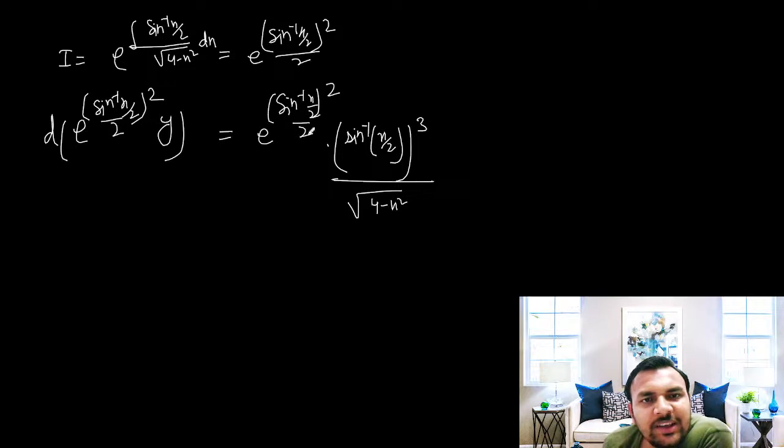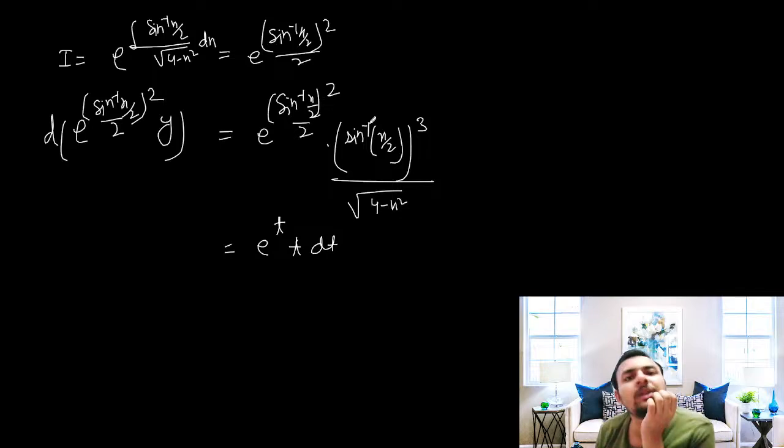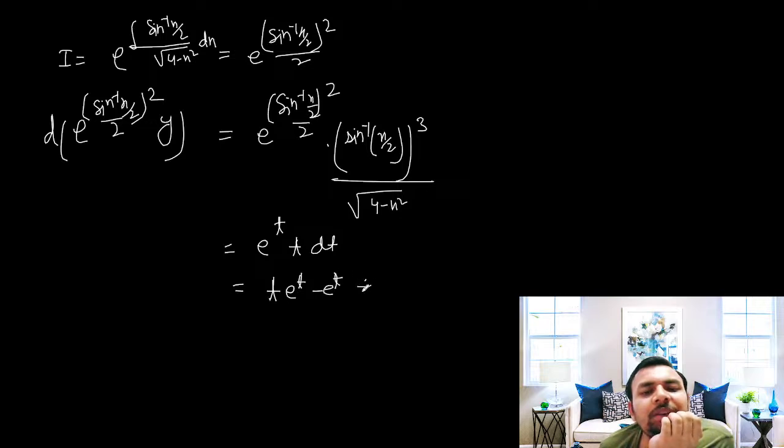So if we put it t, e to the power t, this is t, sin inverse x upon this is what, dt. 2 sin inverse x, 2 to cancel, and 2 to cancel. This is dt. So it is nothing but t e to the power t minus e to the power t plus c.